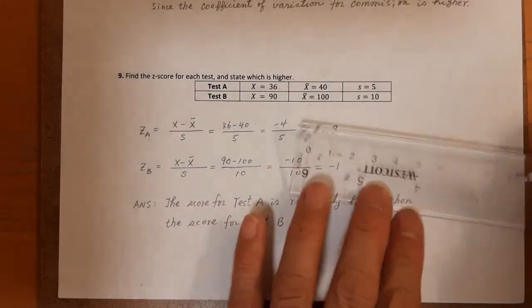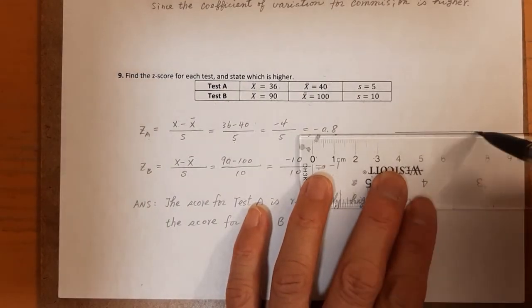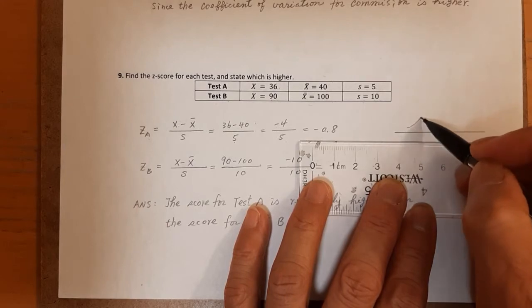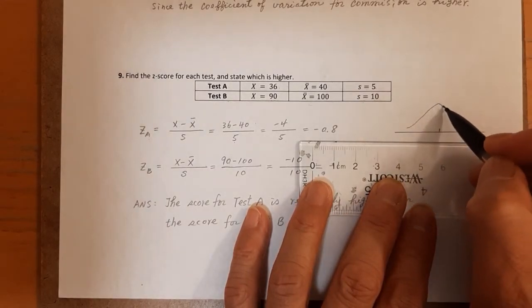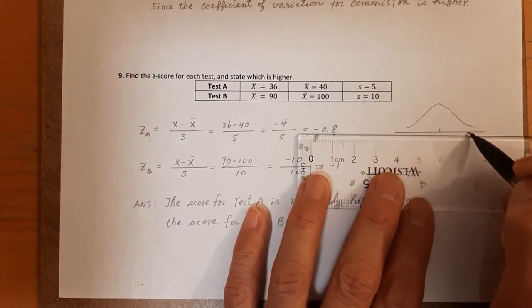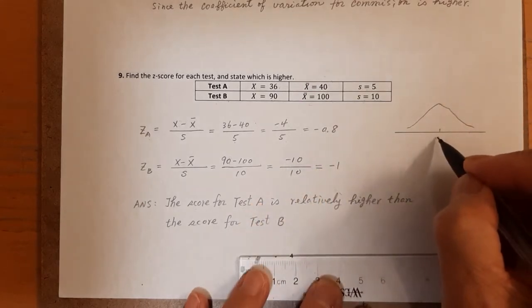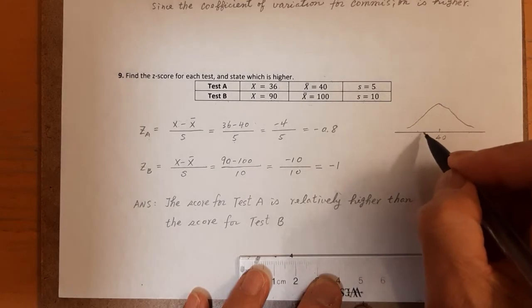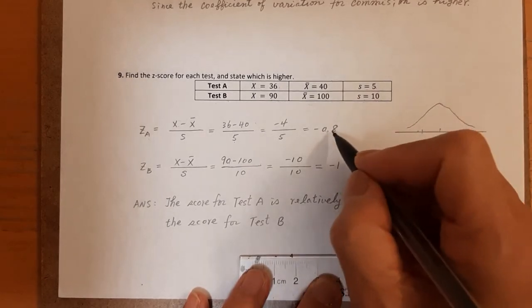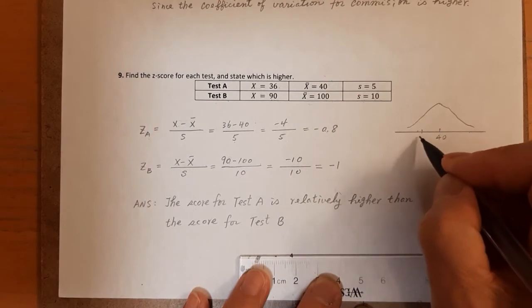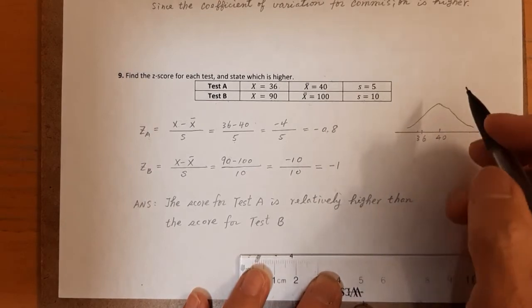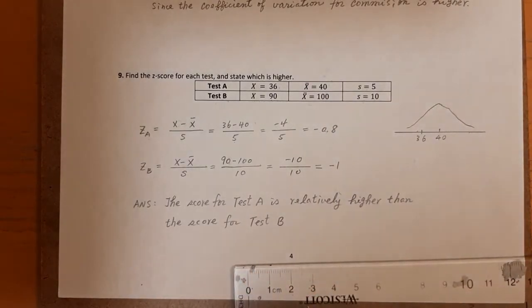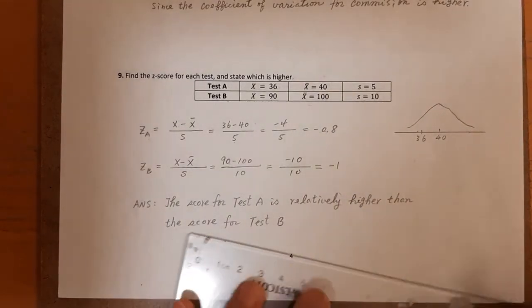If you draw it, here is the mean, 40, and 36 is 0.8 standard deviations below the mean.